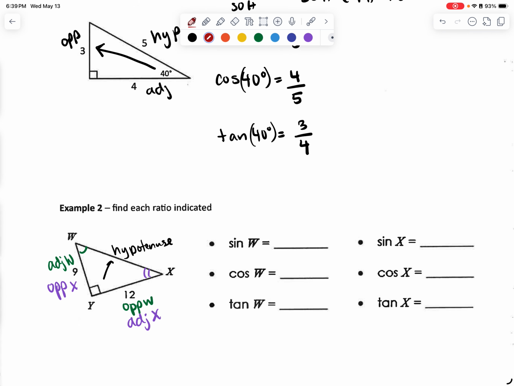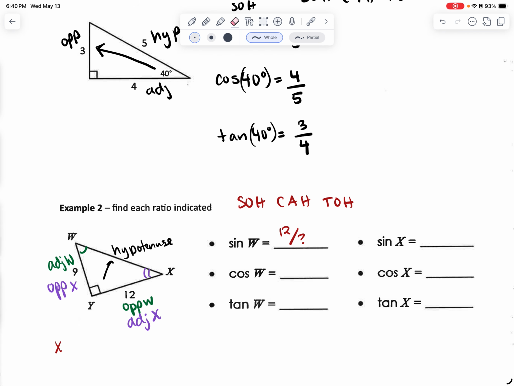Okay, so sine is opposite over hypotenuse, so the opposite of W is 12. The hypotenuse we do not have labeled on the triangle. So right now I don't know it, but I can find it because I know the Pythagorean theorem.